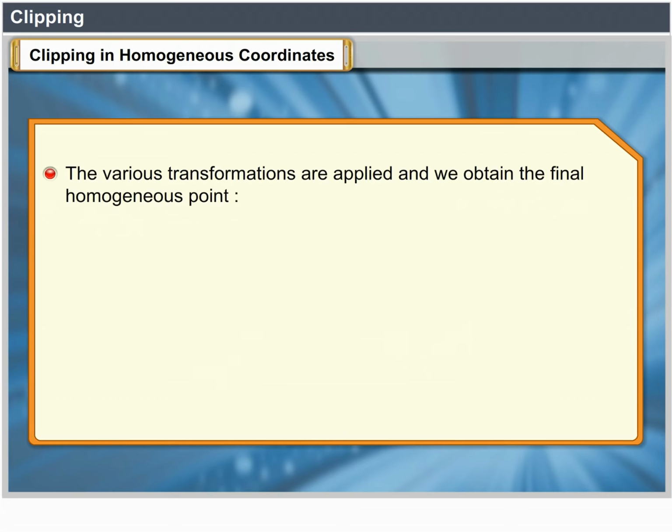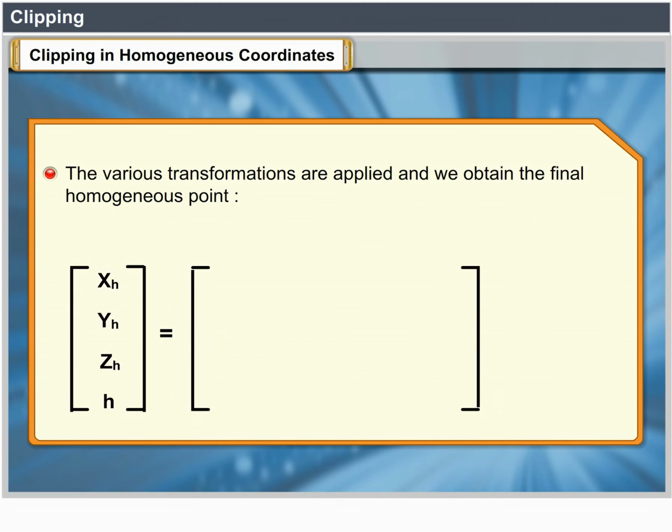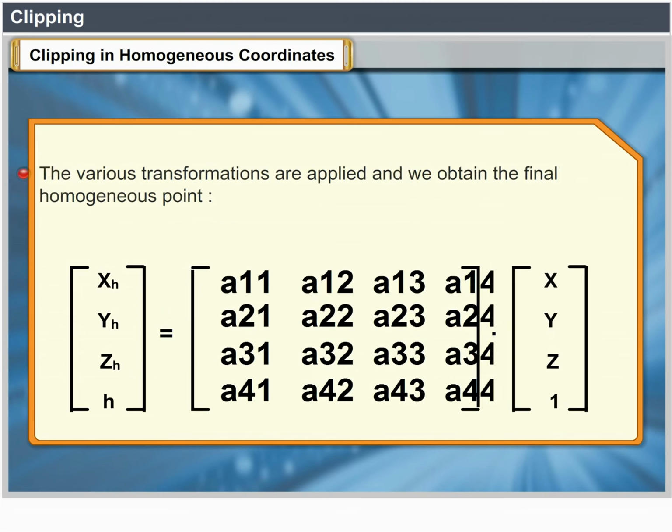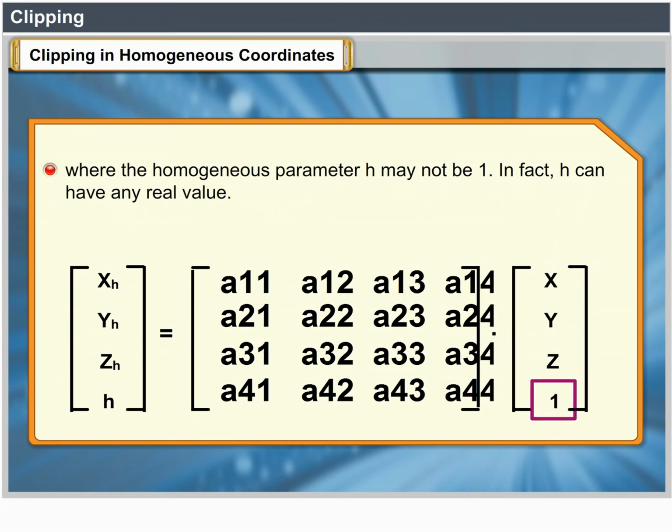The various transformations are applied and we obtain the final homogeneous point as shown in the matrix below, where the homogeneous parameter h may not be 1. In fact, h can have any real value.